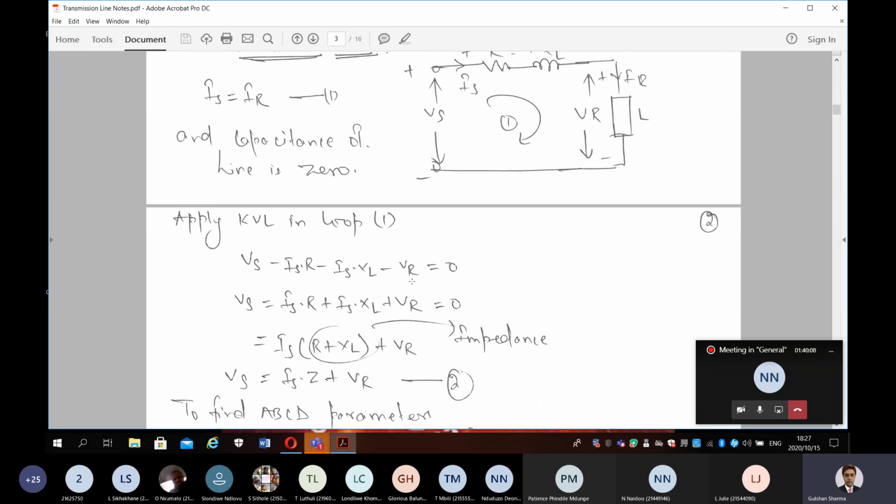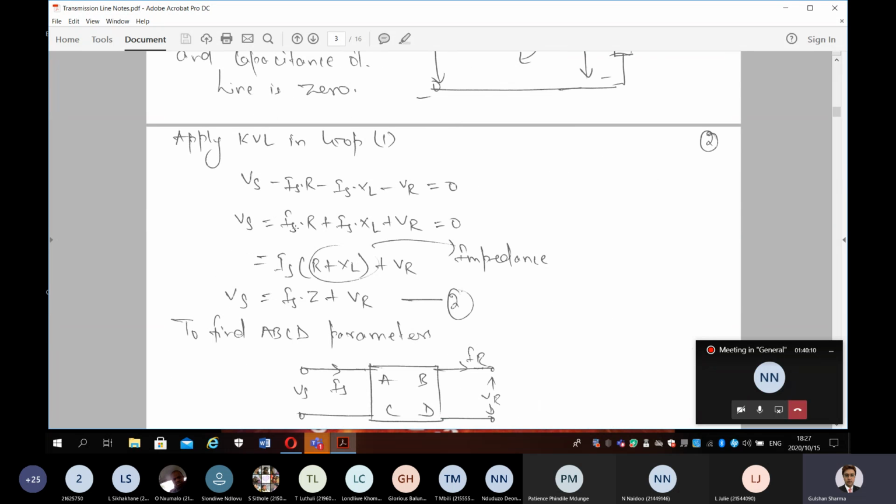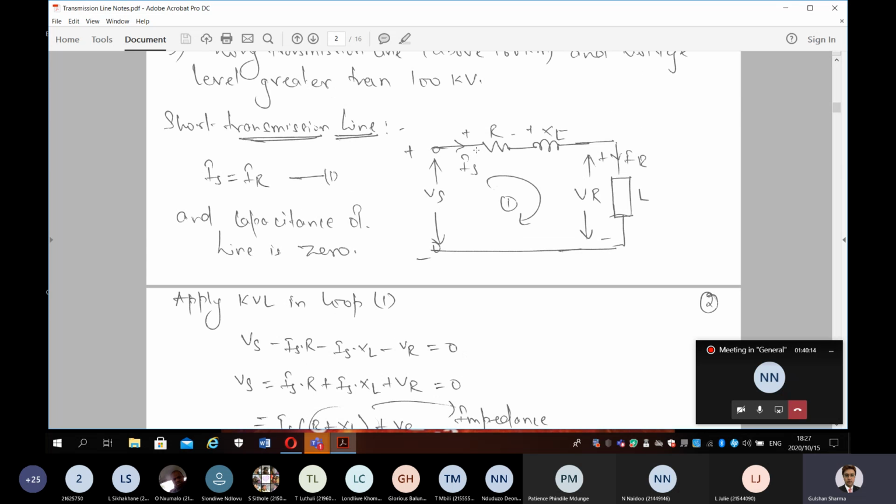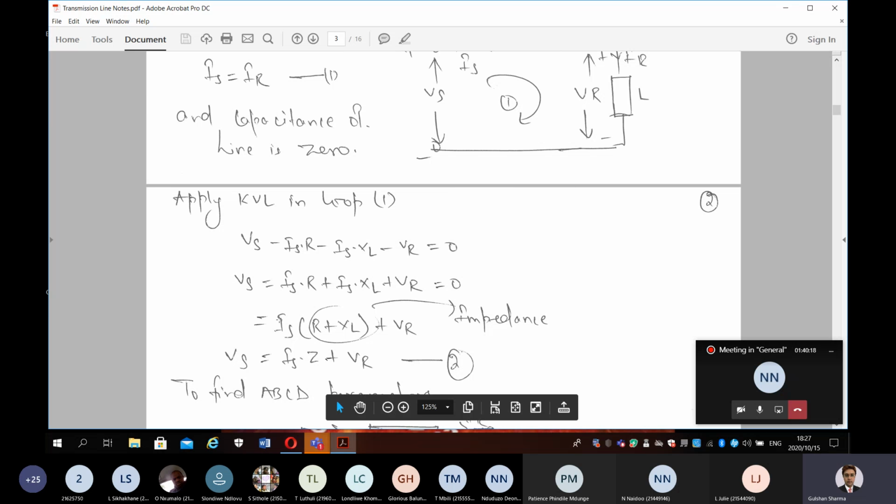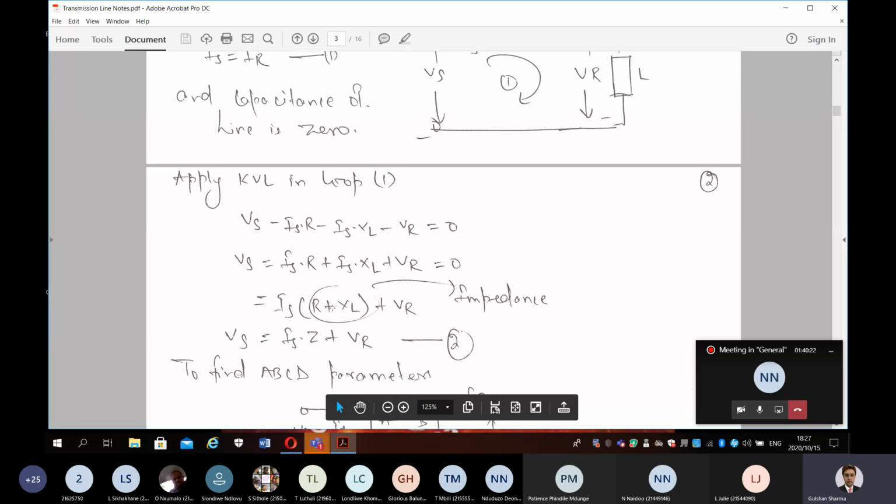So I repeat, Vs minus Is into R minus Is into XL minus VR equals 0. Is is taken common from here, so it becomes Is into R plus XL, plus VR.